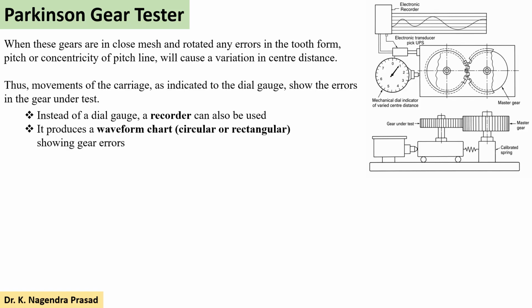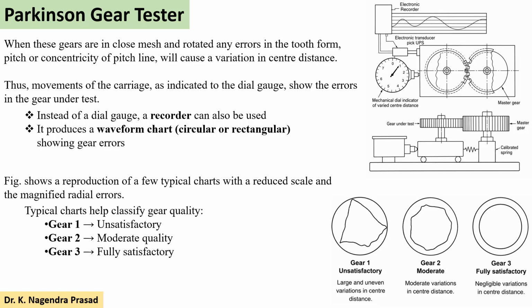Instead of a dial gauge, a recorder can also be used. It produces a waveform chart, either circular or rectangular, showing the irregularities and gear errors. The figure reproduces a few typical charts with a reduced scale and magnified radial errors.